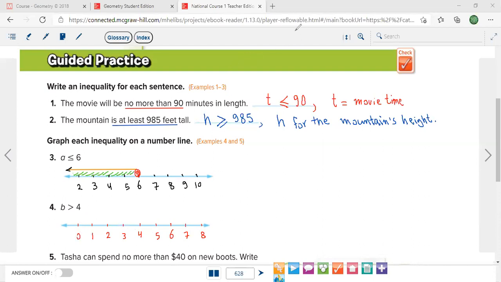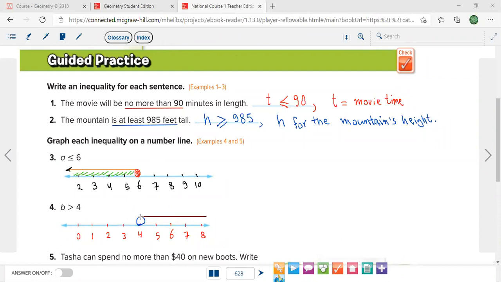And of course, we are going to make an open circle at 4. This is an open circle, not shaded, because we don't have the or equal sign. Moving all the way to the right. Why to the right?